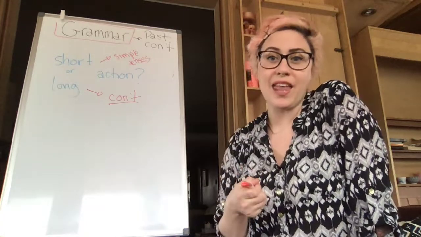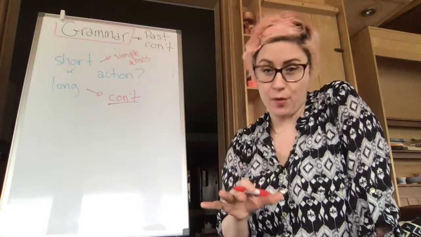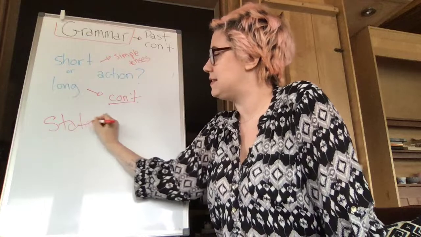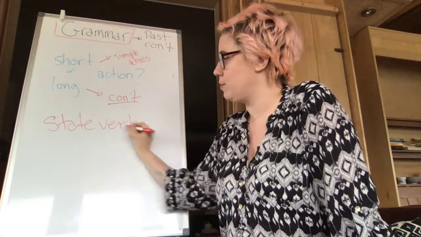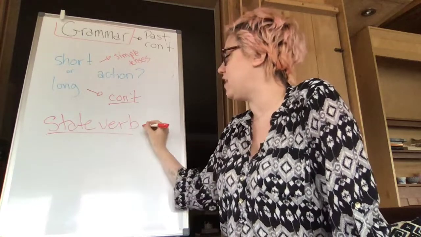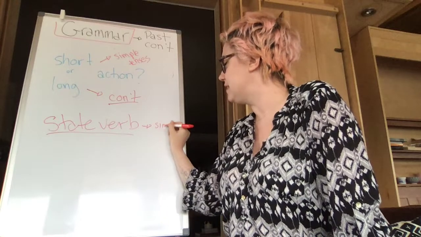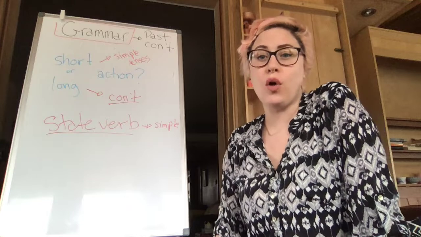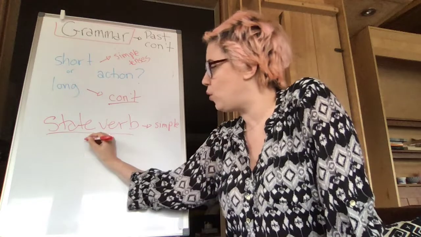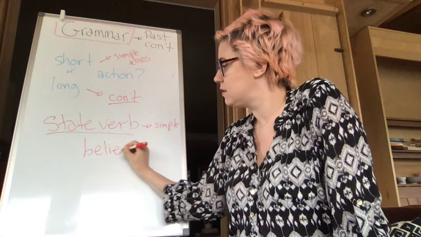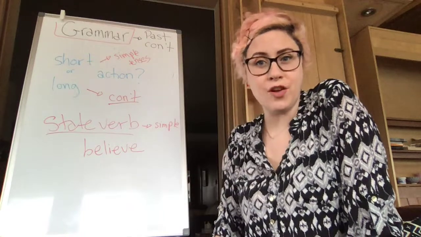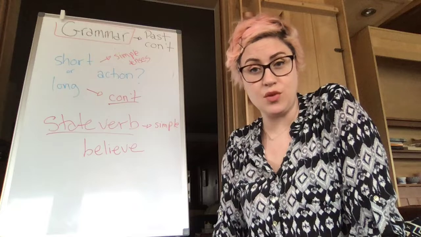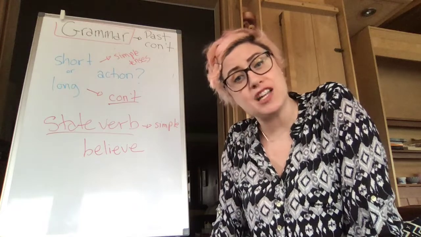Now, there's one thing that is confusing about this, and that is if it is a state verb. If it is a state verb, it is always in a simple tense, even if it is a long action. So if it was, for example, the word believe, believe is a state verb, so we can't use it in a continuous tense, even if it's a long action.